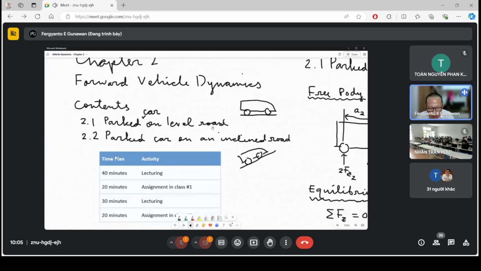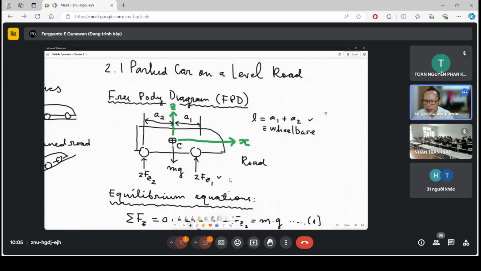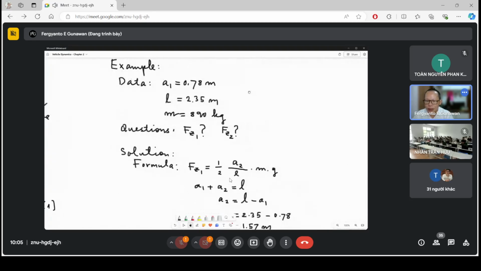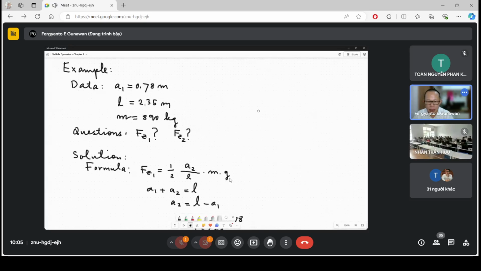In this section, we understood the equations for determining the normal forces Fz1 and Fz2. So in the next discussion, we also like to know Fz1 and Fz2 when the vehicle is inclined, right? When the road is not flat but inclined at a certain angle. So let's move to that discussion now.